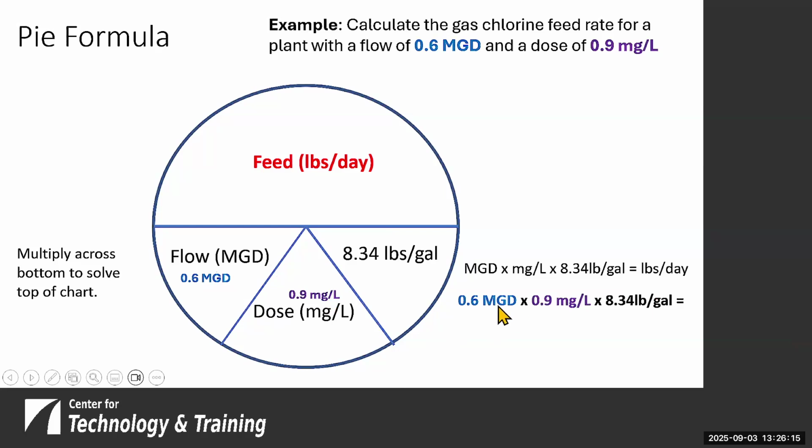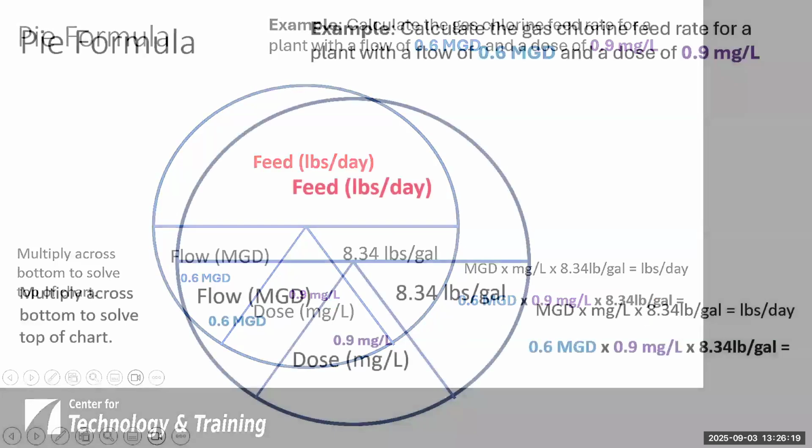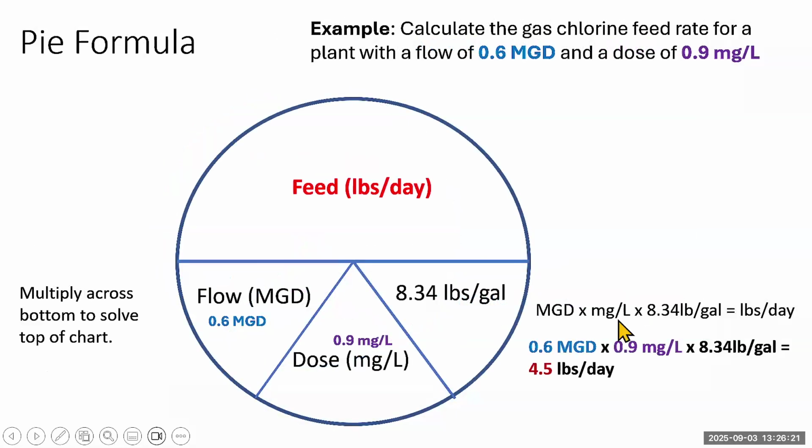We throw the numbers in, multiply it out, and it gives us a feed rate of 4.5 pounds per day. So in this, what we're looking to get is on the top, and we've got these 3 factors that we multiply. It's pretty much the same as our pounds formula.